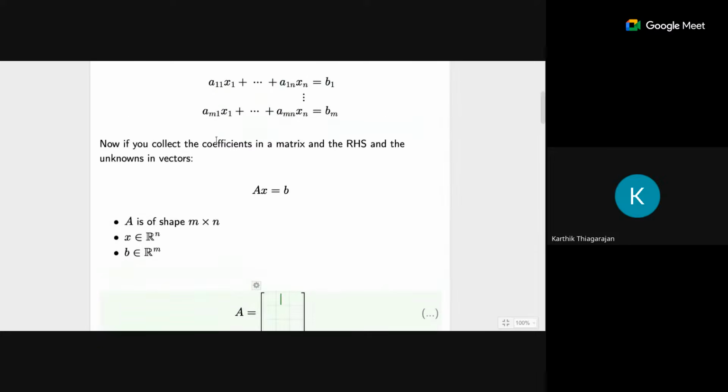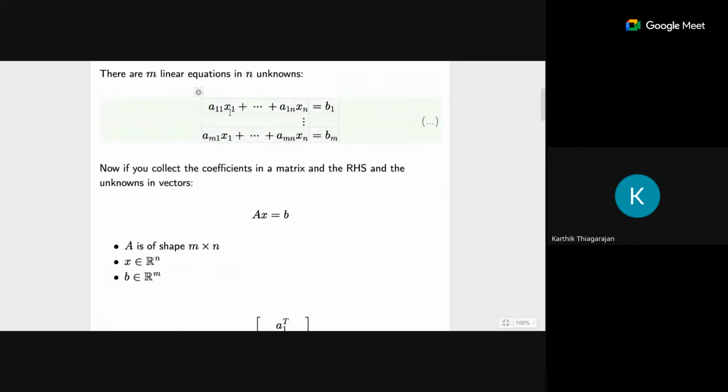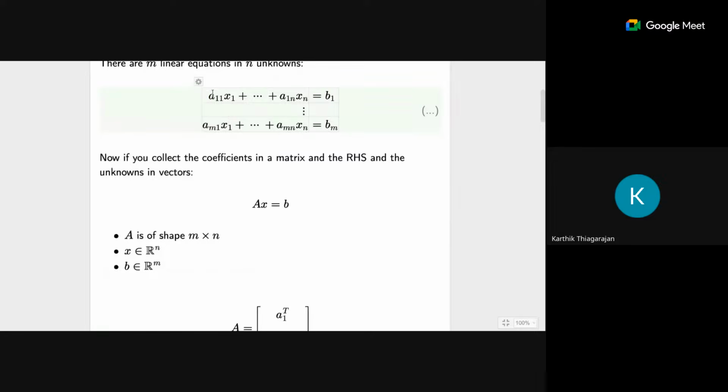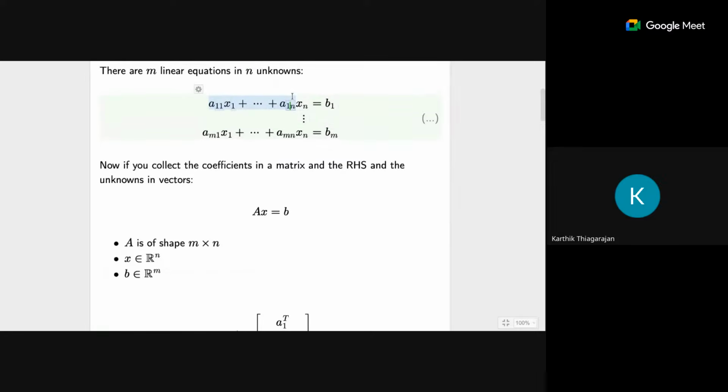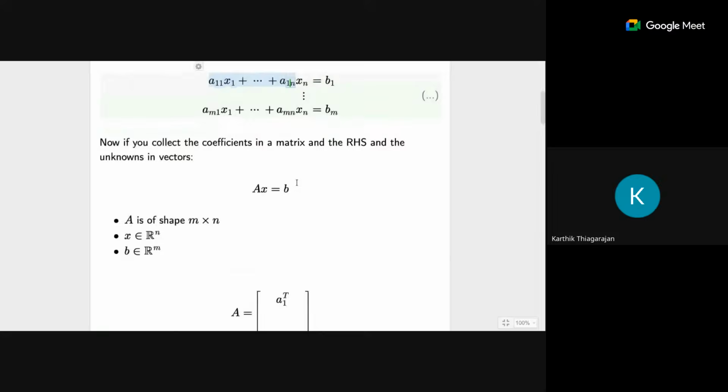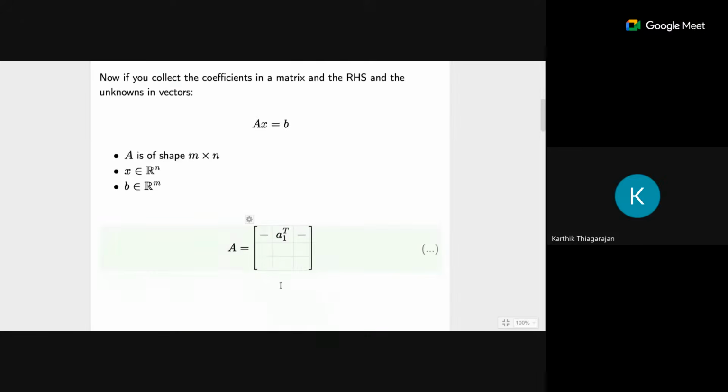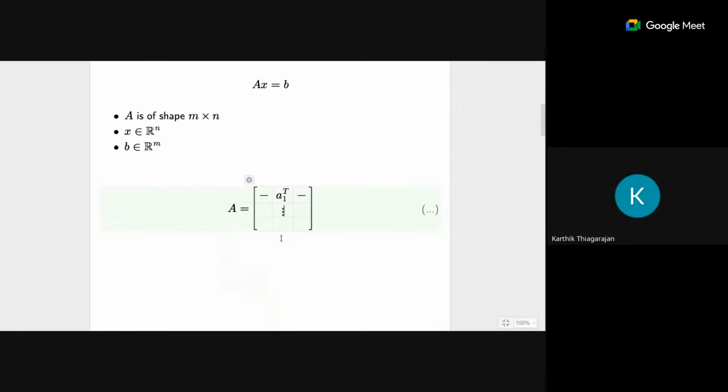If you call each row a1 transpose, this is the first row. a1 will be the n components here. I'm using transpose because it's a row vector. So the first row I'm going to call a1 transpose. Likewise, if I go down, I'll have m rows, so there are m row vectors.